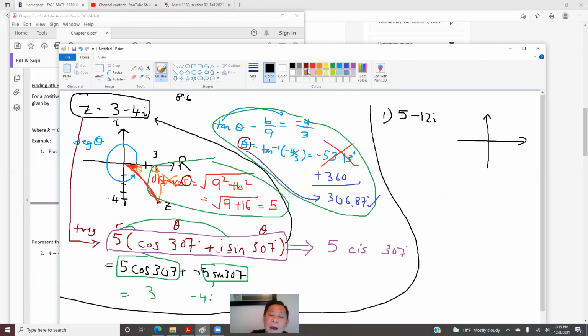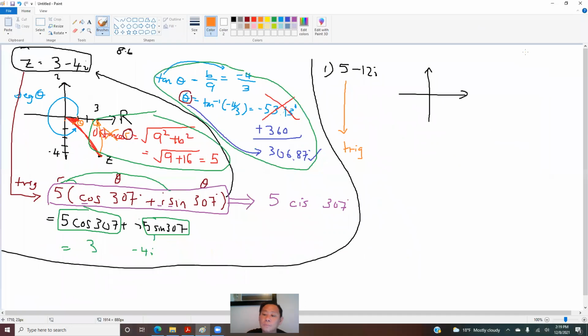And after that, I want you to convert this into trigonometric form, which is the CIS form, the one that we just did. It's very similar to the question we just did. So go ahead, plot this in here. Don't forget, this is real, this is imaginary. The complex plane is always like that.